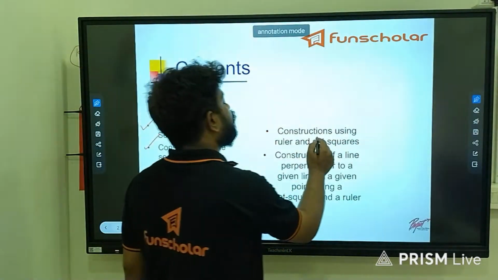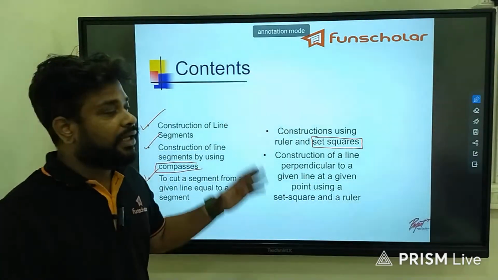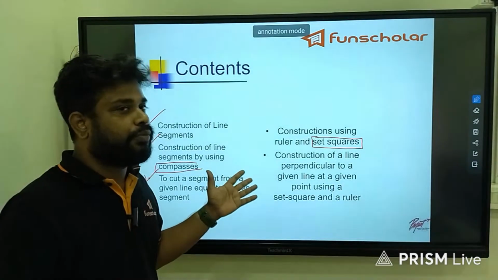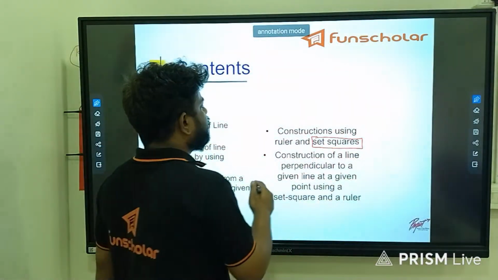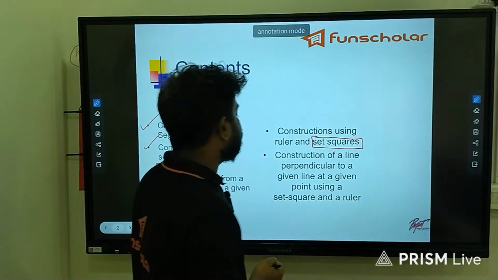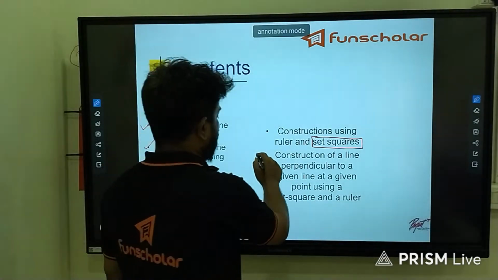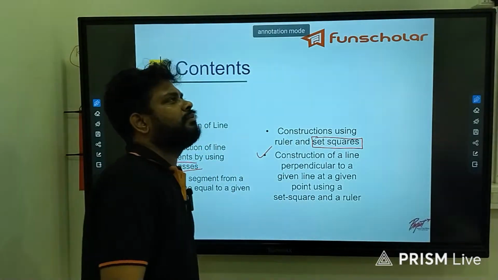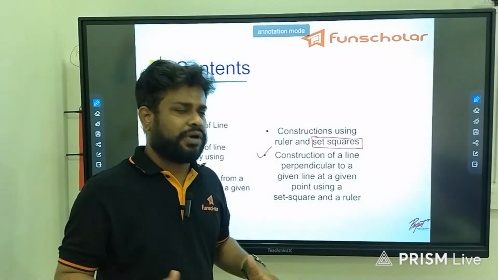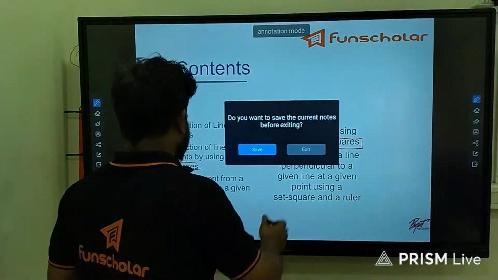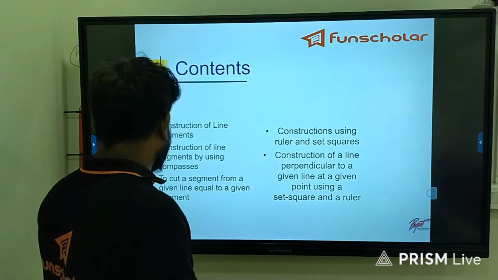Set squares are also equipment which we generally have in our geometry boxes. Construction of a line perpendicular to a given line at a given point using a set square and a ruler. We're going to learn this, but in your syllabus or book, set squares are the least used items. But we will see how we can work here.